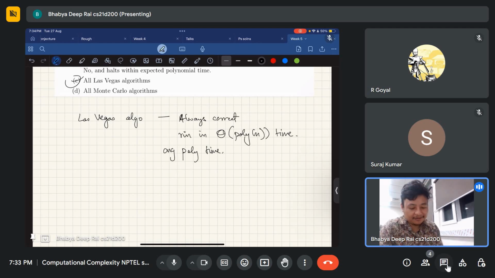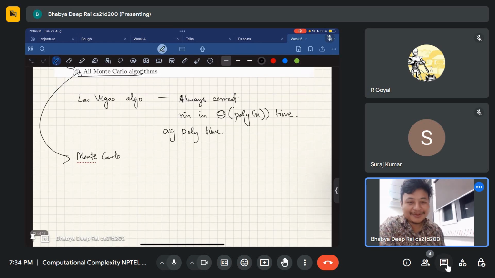So Monte Carlo algorithms are named after cities famous for their casinos, so to do with probability. Monte Carlo algorithms are having errors, but run always in polynomial time.